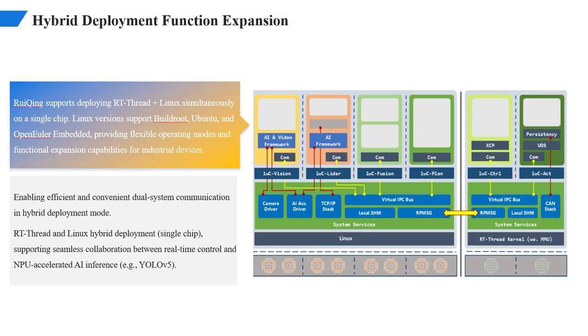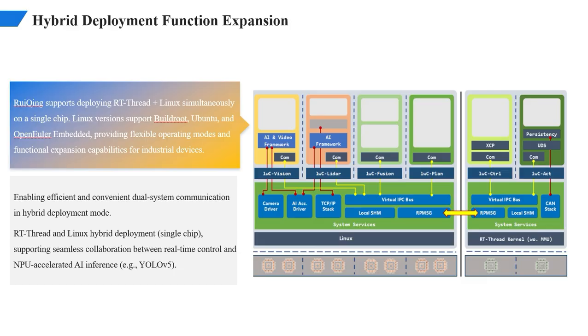One of Rating's most powerful capabilities is hybrid deployment, running both RT-Thread and Linux on a single chip. The Linux side supports Buildroot, Ubuntu, or OpenHarmony embedded, giving a maximum flexibility for your application requirements. This hybrid architecture enables entirely new paradigms for industrial devices.